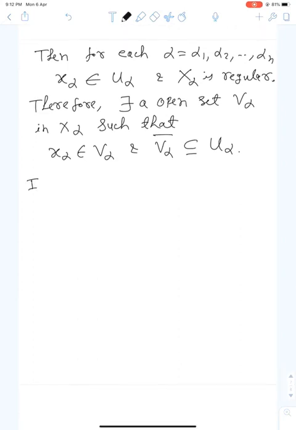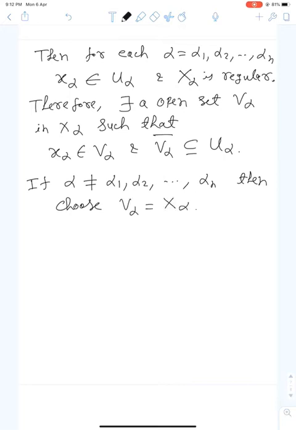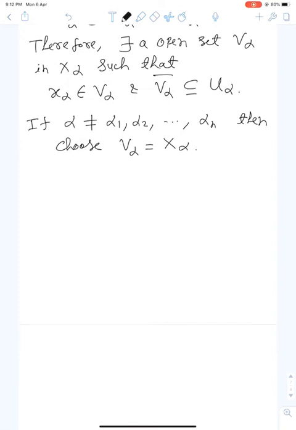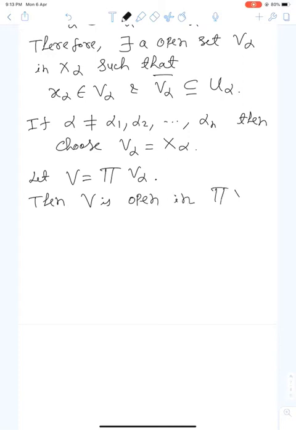Now if alpha is not equal to alpha 1, alpha 2, up to alpha n, then choose V alpha equal to X alpha. That is the whole space. Now let V equal to the product of V alpha. Then obviously V is an open set in this product.